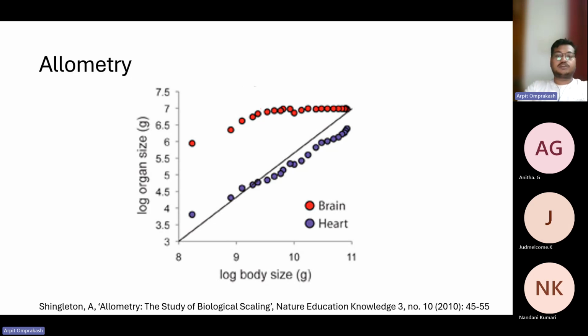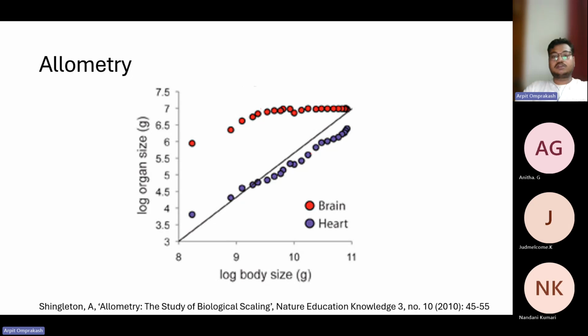For example, this is for a human where we are making the plot on a log scale. Here we have log of body size in grams, and here we have log of organ size in grams. And we see that for the heart, which is the blue dots here, there's a nice pattern, an almost straight line which it follows.